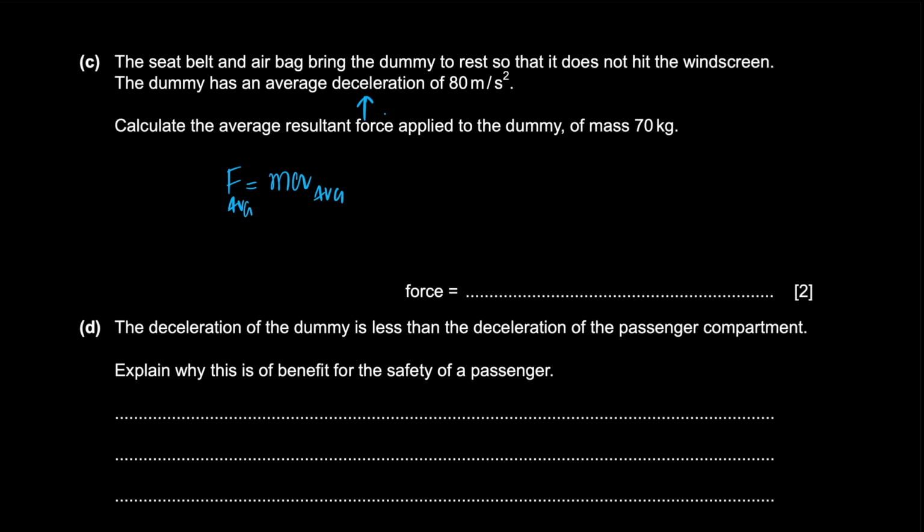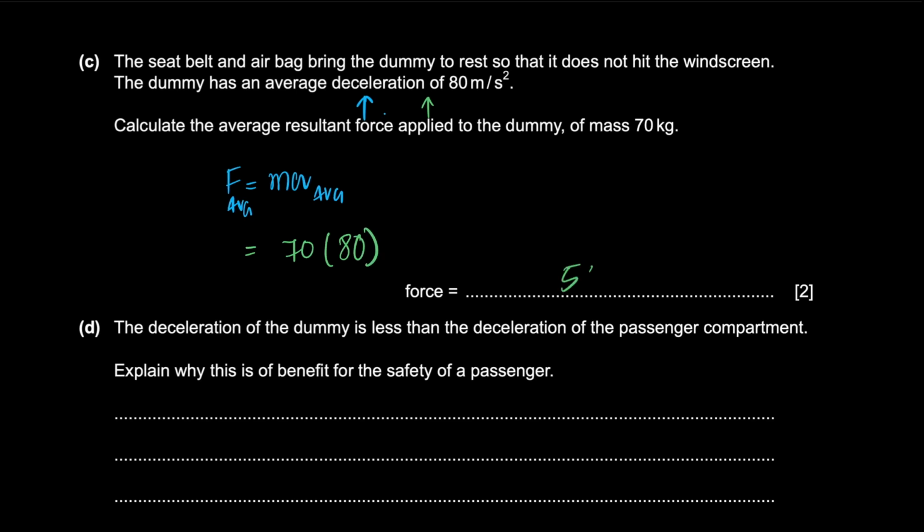They're giving us the average deceleration, so we can use that. It's more common sense than a formula. The mass is 70, because it's constant. There's no such thing as average mass. Acceleration is, well, the question says 80. This comes out to be 5600 newtons.